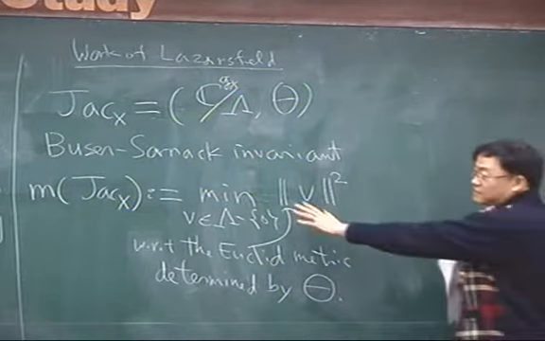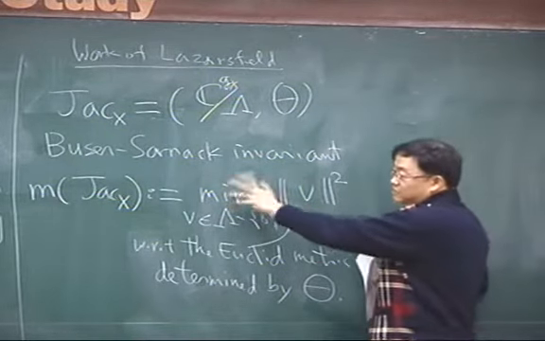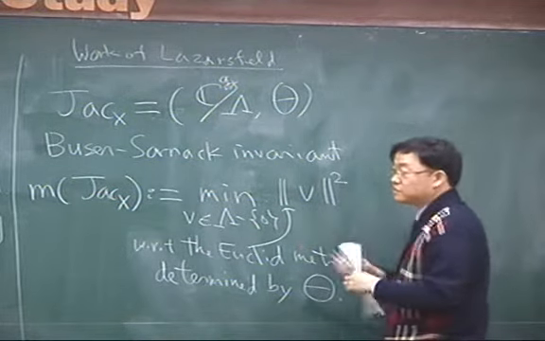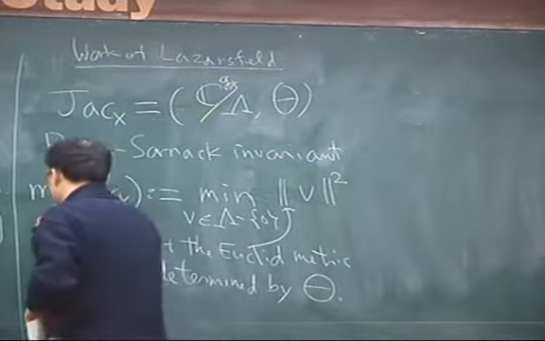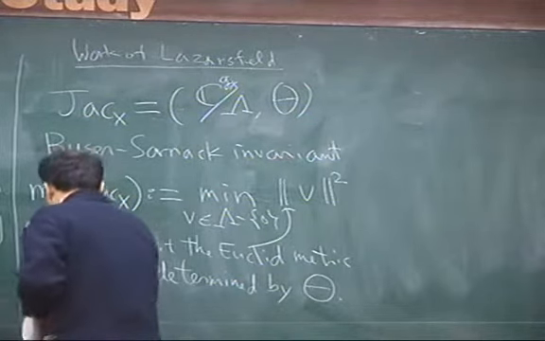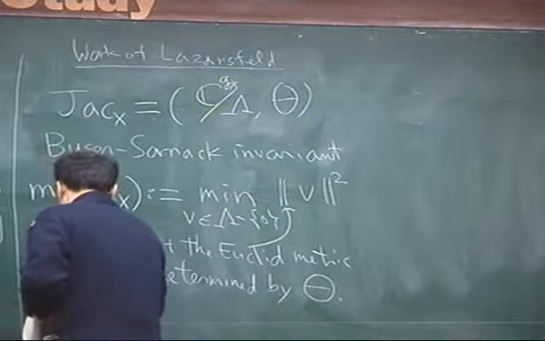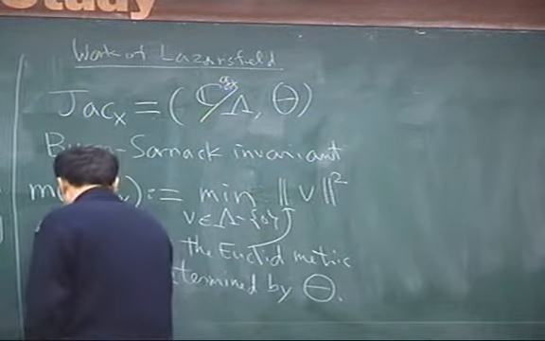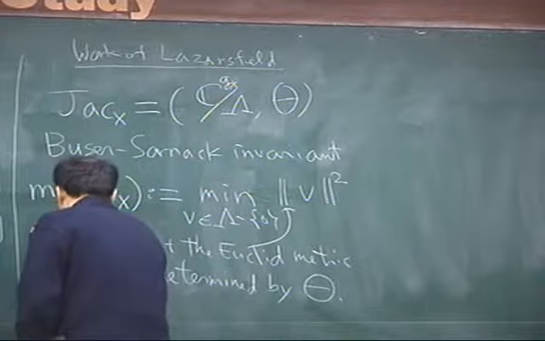So in a sense, this is the square of the systole, the systole of the Jacobian. So it's roughly the injectivity radius of the Jacobian. Well, it's square or twice square with respect to the Euclidean metric.